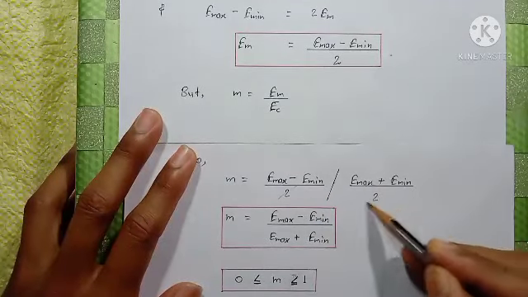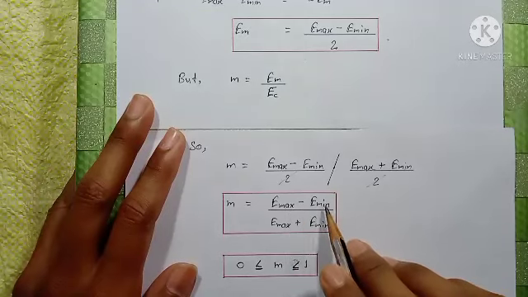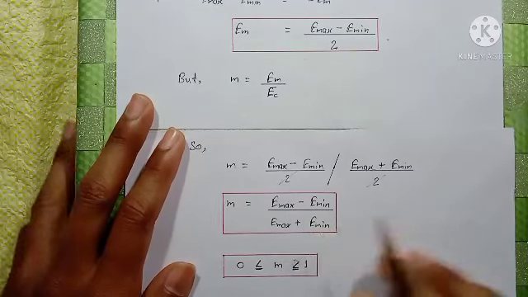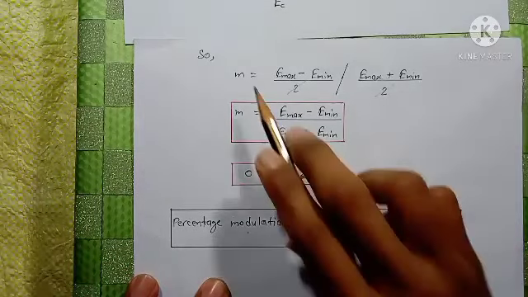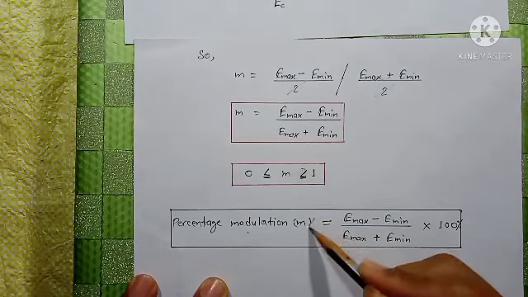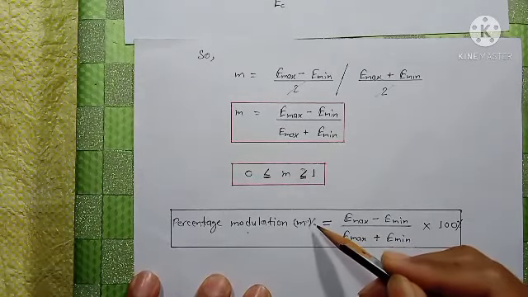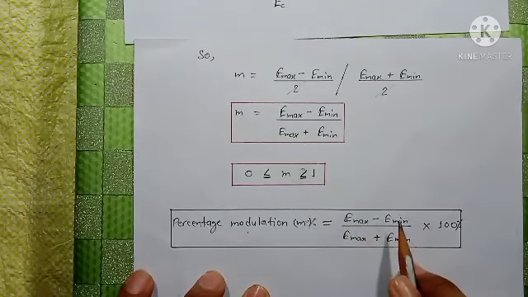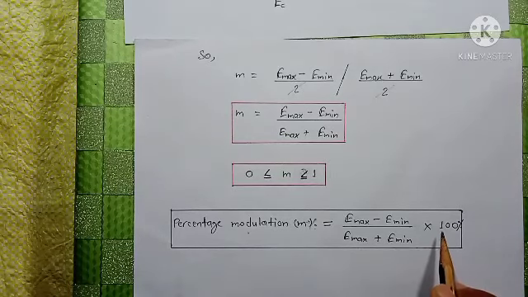Here the 2s cancel out, and we get m is equal to Emax minus Emin over Emax plus Emin. When we show m in percentage, it is called percentage modulation. So the percentage modulation m percent is equal to Emax minus Emin over Emax plus Emin times 100%.